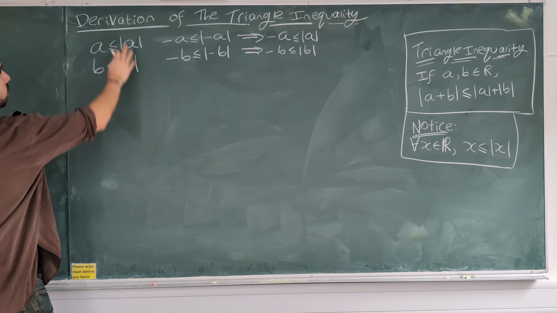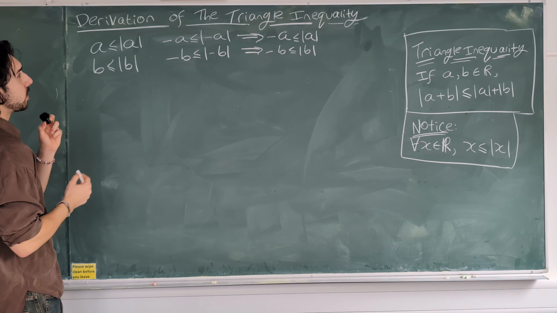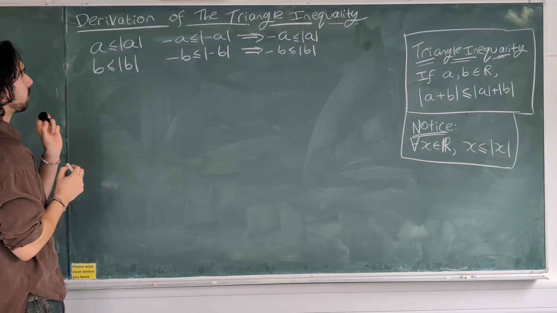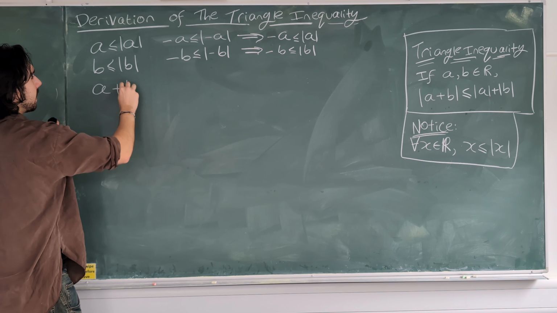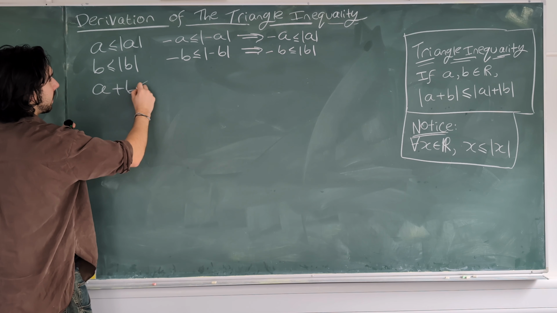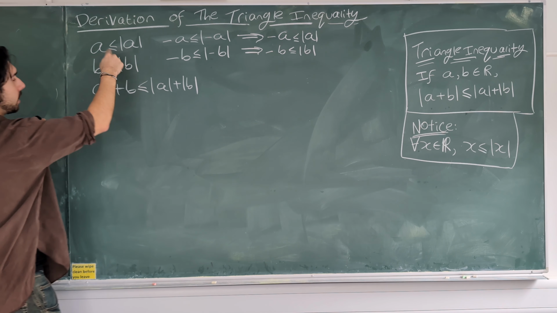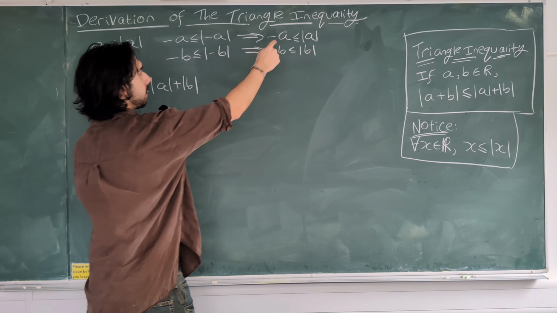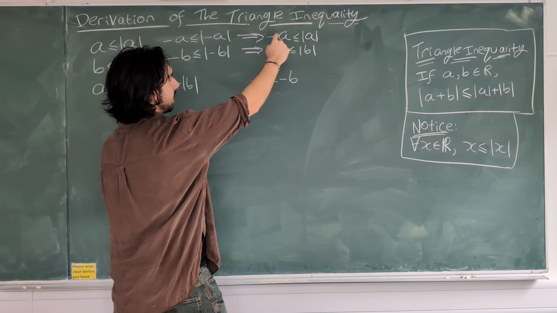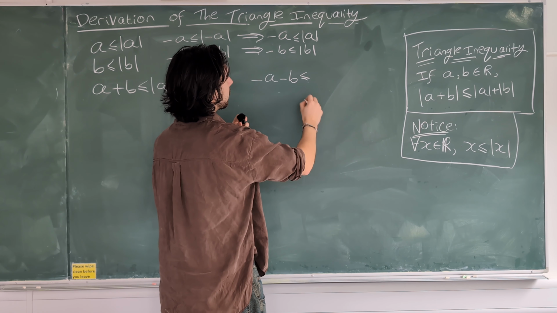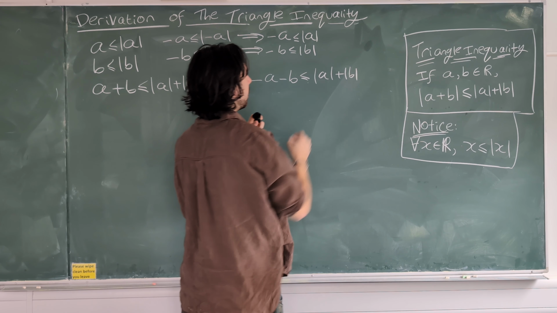So now, if we use these results together, essentially if we add them, we're going to have something very interesting. Based on these, a plus b has got to be less than or equal to the absolute value of a plus the absolute value of b. Using these two results, minus a minus b, just adding these two together, has got to be less than or equal to the absolute value of a plus the absolute value of b as well.